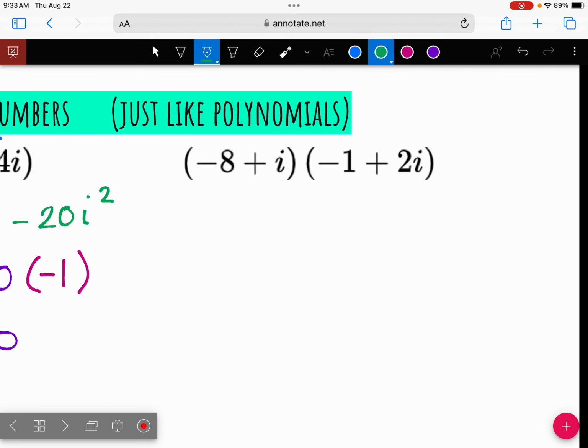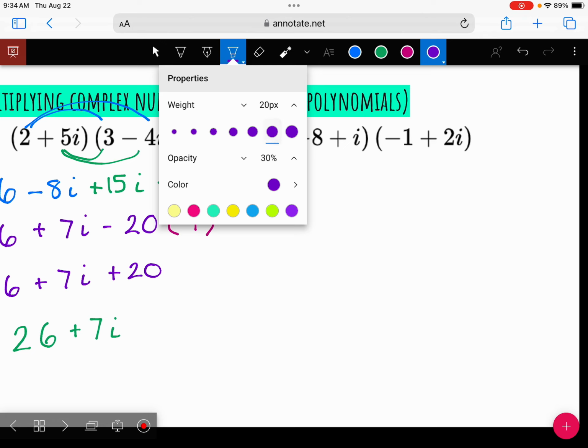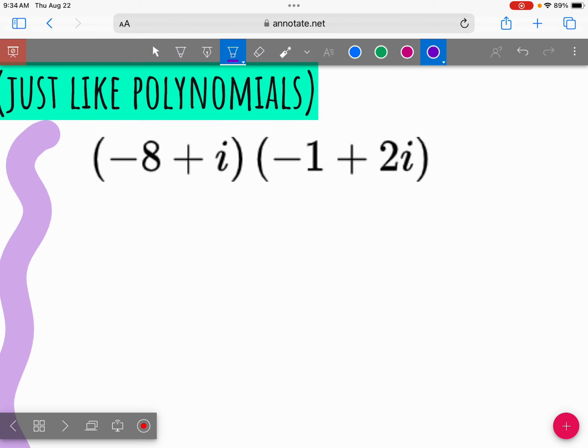So let's do the next one. Very similar vibe. Practice these. I'm just going to give us a little barrier here so I don't crash into them.